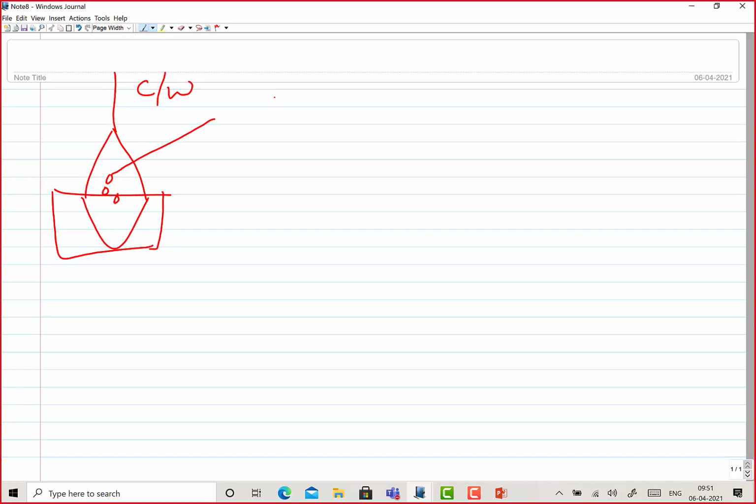There is another category of the electrode, that is the consumable electrode. That is used in all shielded metal arc welding, MIG welding, submerged arc welding, and the flux cored arc welding.